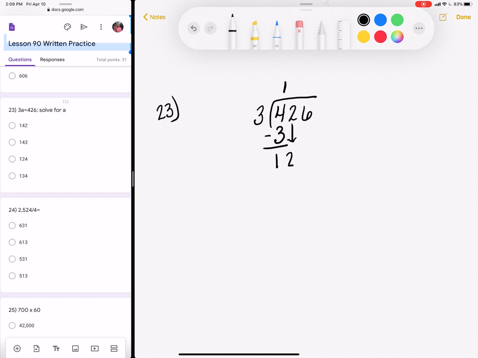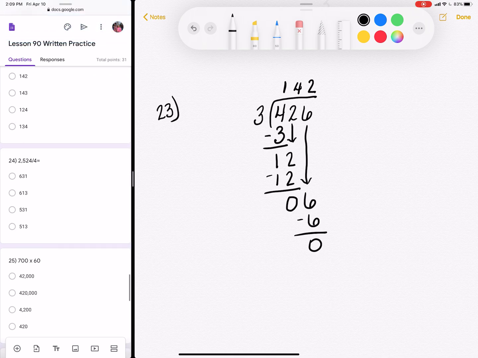And bring down your 2. 3 times 4 is 12. 12 minus 12 is 0. Bring down your 6. There are 2 3's in 6. 3 times 2 is 6. So you have no remainder. 142 is the answer to number 23.